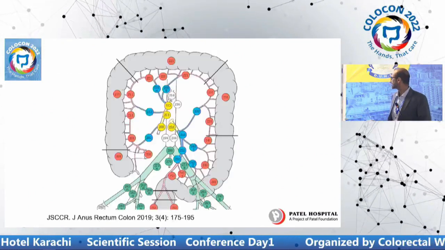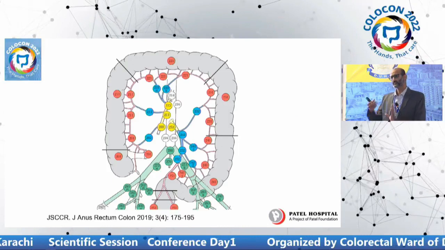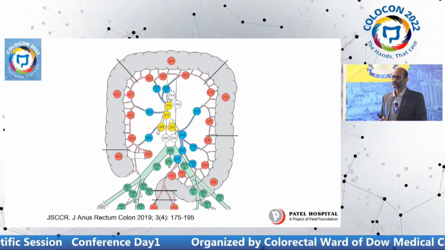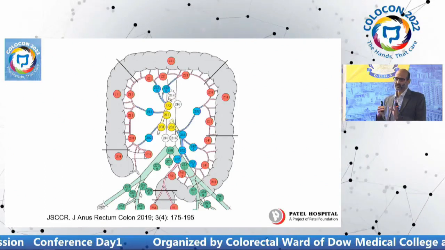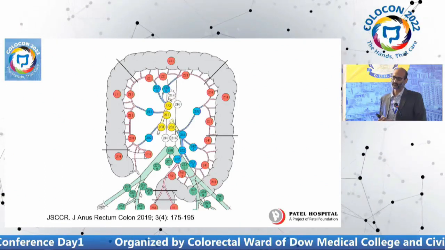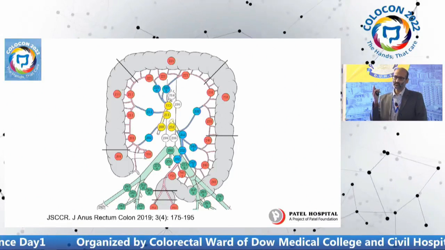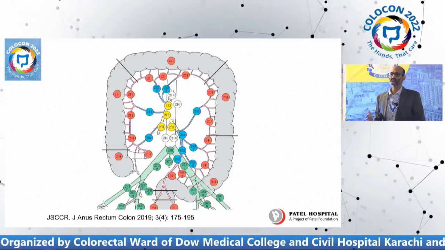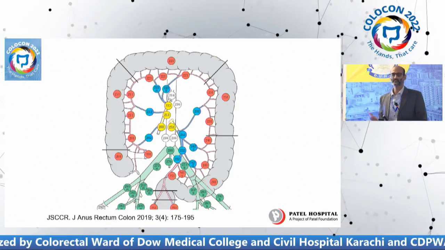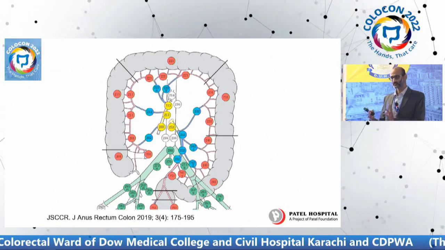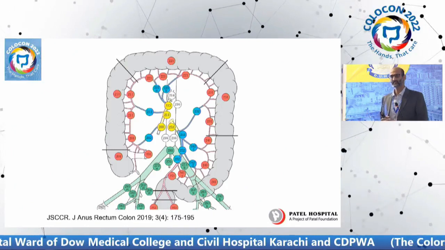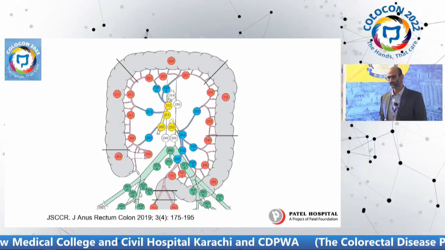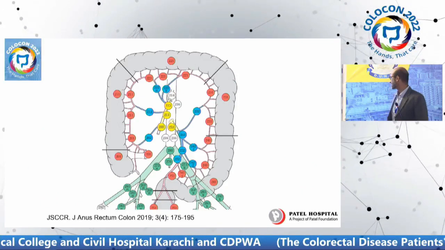I'll go back to this: if we say that only 4% or 1% or 2% are involved and taking them may not make a difference, we have to look at the perspective that they take, which is that if the intermediate nodes are involved, then we have to go one tier above in our surgery to clear that regional disease. That's the concept they applied in gastric cancer and showed superior outcome, and this is what we're seeing them apply in colon cancer as well.